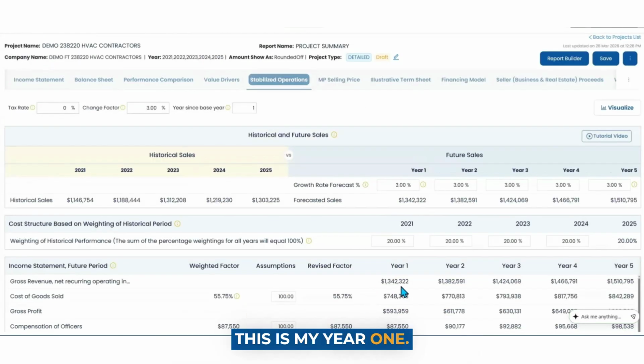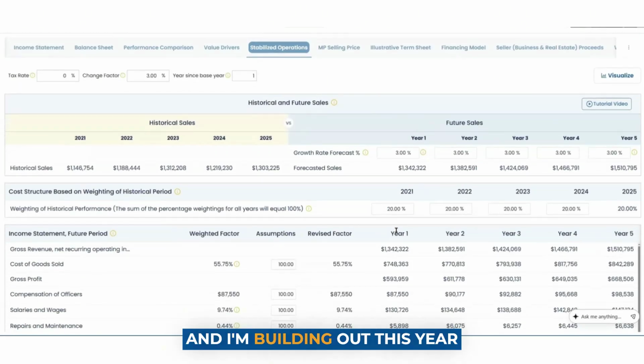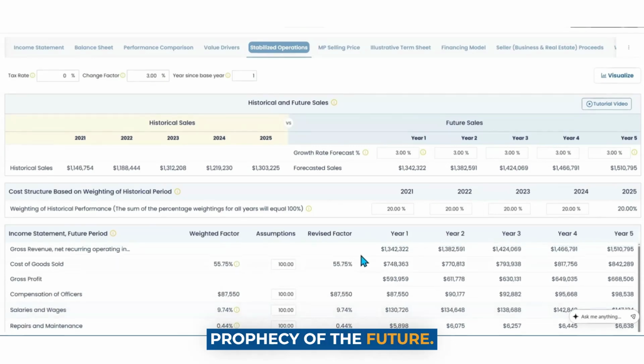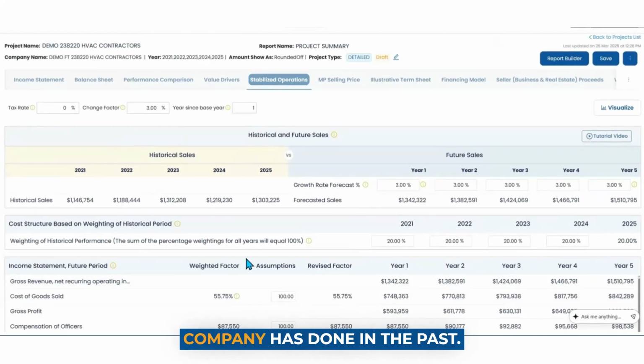This is my year one. I'm taking into consideration the historical performance of the company, and I'm building out this year one performance, right? Valuation is always a prophecy of the future. It's not based on what the company has done in the past. The value of the cash flows are the cash flows that are going to flow to the new owner. And by creating this stabilized operations, it's our best estimate of how this company is going to perform in the future.